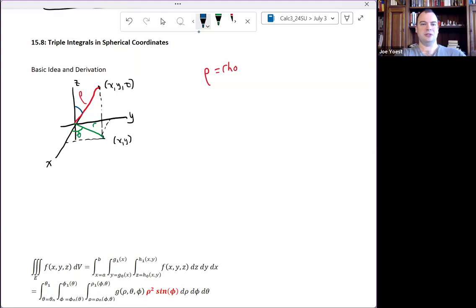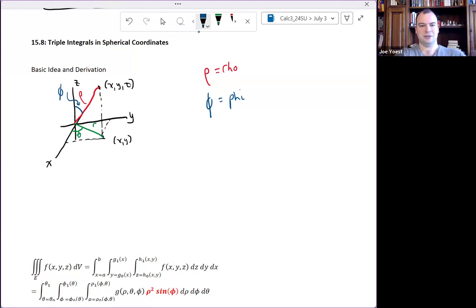The angle from the positive z-axis we're going to call phi. This letter is phi, or sometimes people say phi. It's the Greek letter phi, and it's going to represent the angle between this radial line labeled rho here and the positive z-axis.